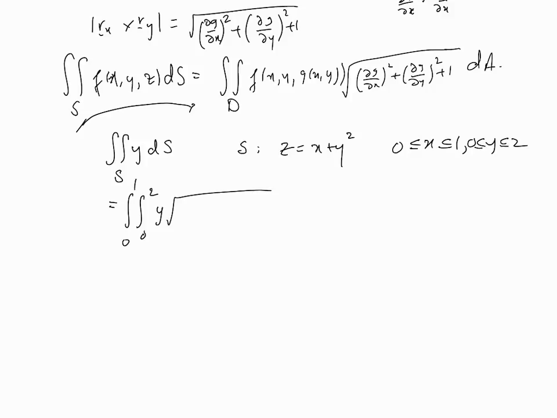And we'll have the square root of, now this is just partial z by x, and this is partial z by y like I showed you before. So you're just taking the x derivative, which is 1 squared, plus the y derivative, which is 2y squared, plus 1, dy dx.